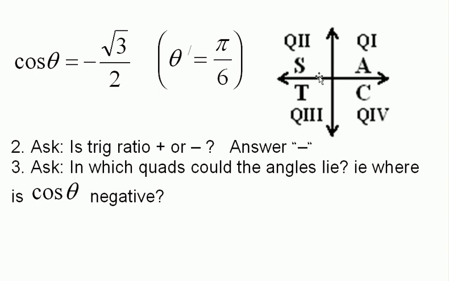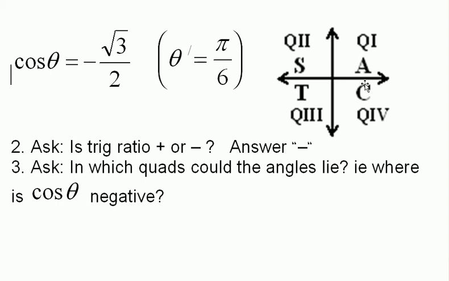This helps us to quickly at a glance let us know and to remember where the various ratios are positive or negative. Another way I like to remember it is with the mnemonic A, all, S, students, T, take, C, chances. All students take chances.